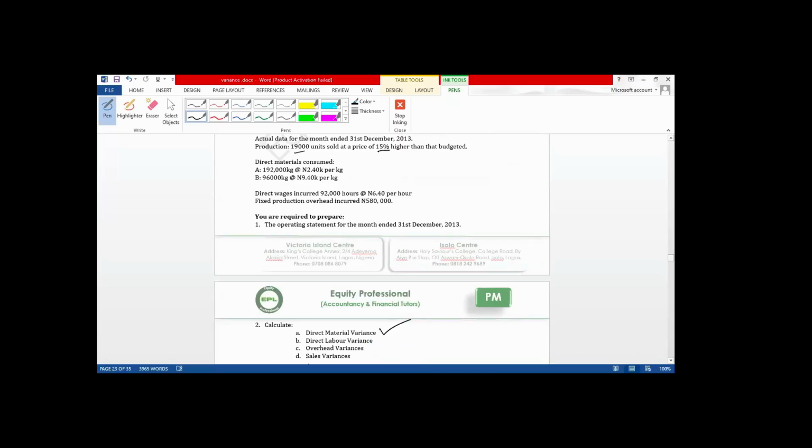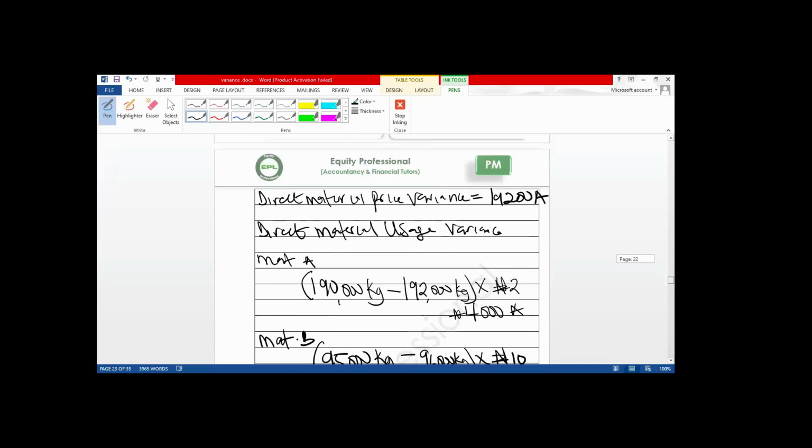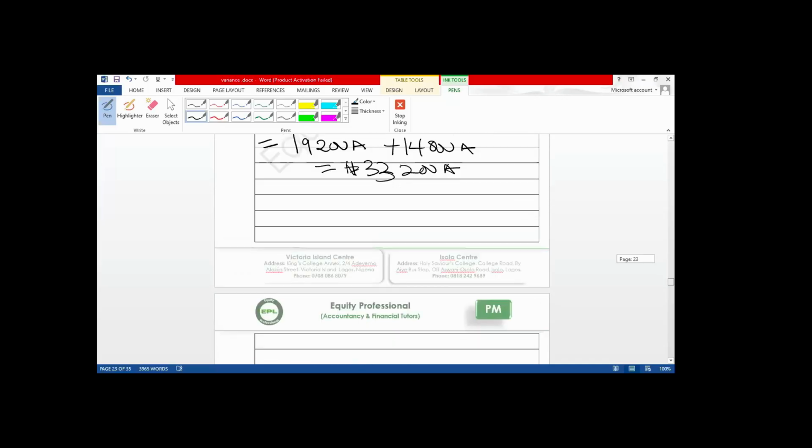Let's go to labor, direct labor variances. Direct labor variances, we can divide into two.